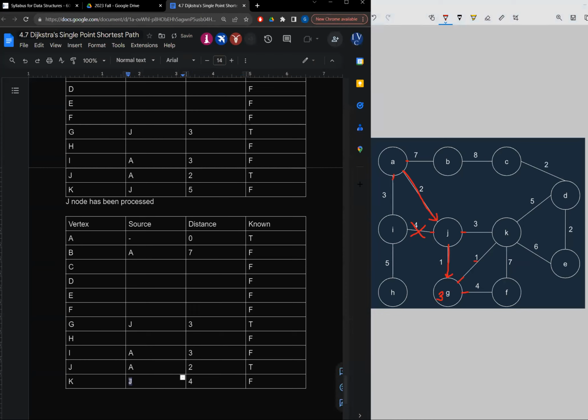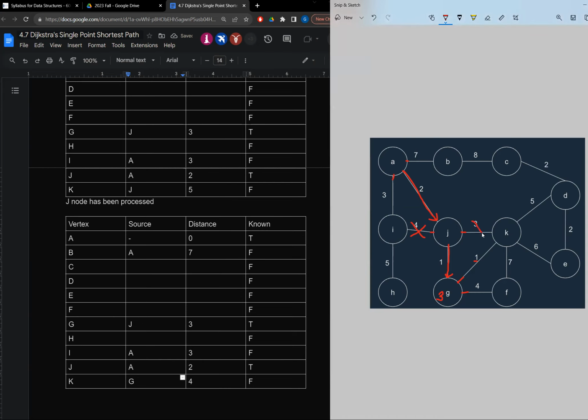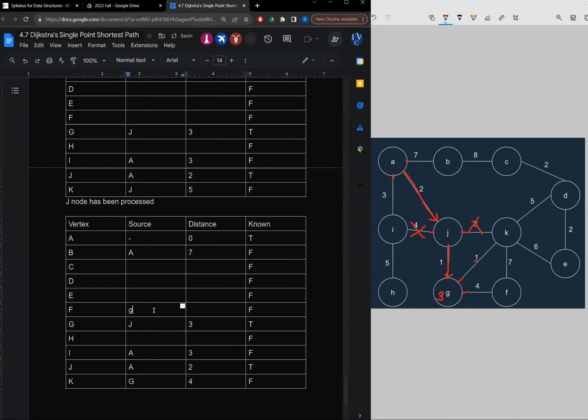We will discard the path from J to K, so this edge is no longer relevant. And then we have F for 7, since there was no path there before. We'll update there.